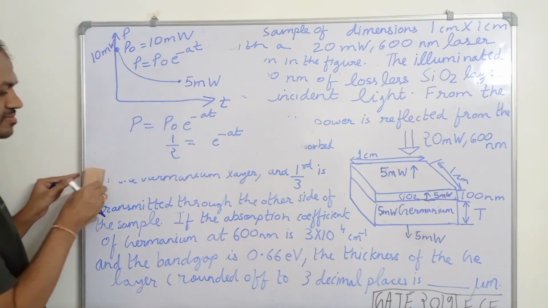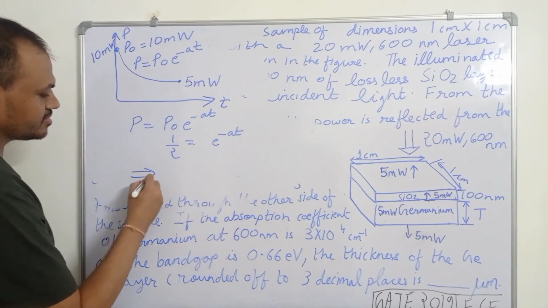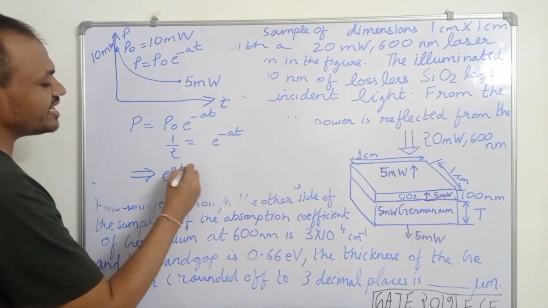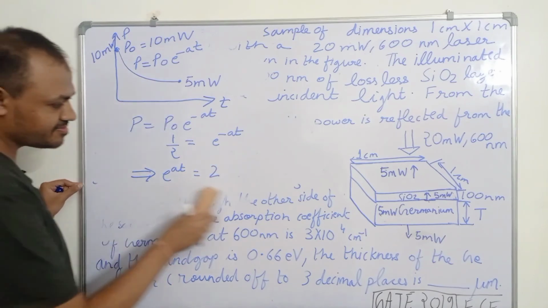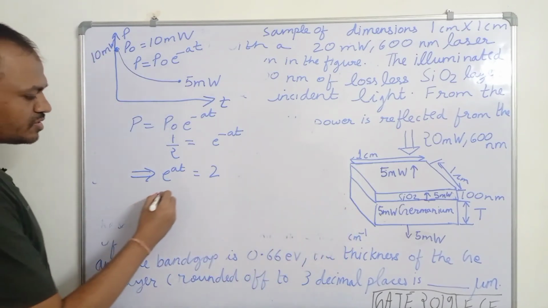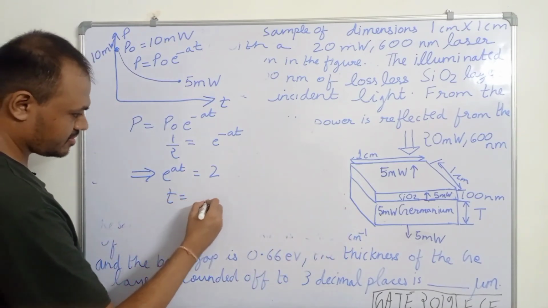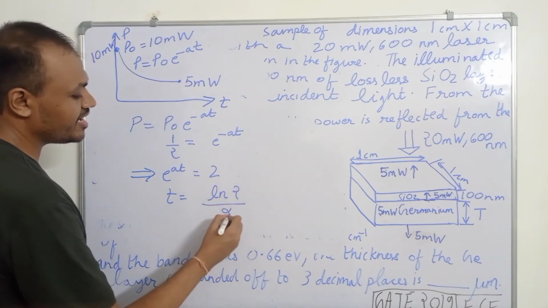So e to the power alpha t equal to 2. We can take log of both the sides. So t equal to ln of 2 upon alpha.